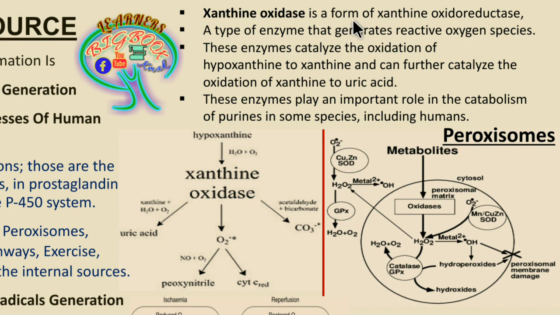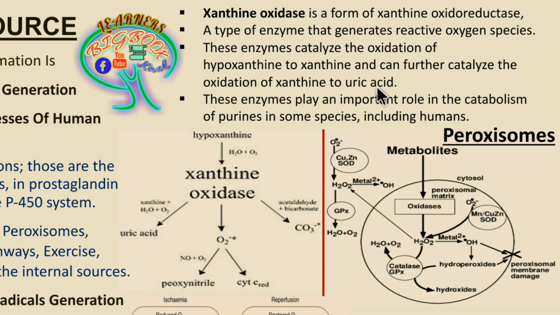Xanthine oxidase is a kind of xanthine oxidoreductase, an enzyme which generates reactive oxygen species. These enzymes catalyze the oxidation of hypoxanthine to xanthine and can further catalyze the oxidation of xanthine to uric acid.